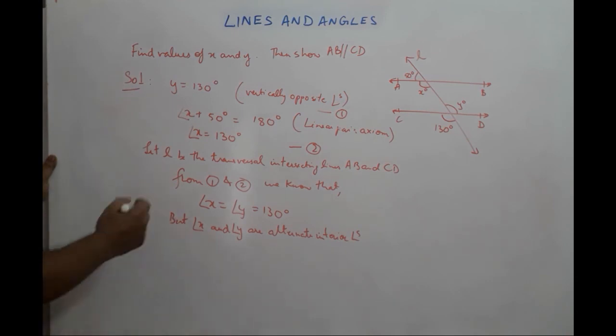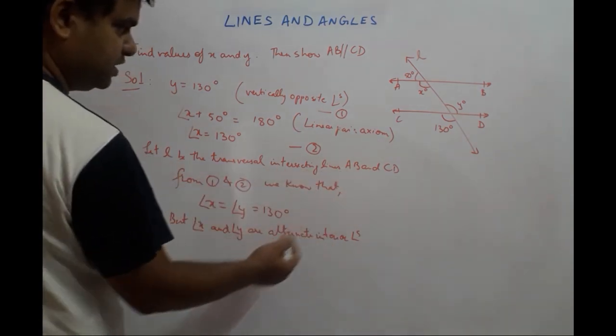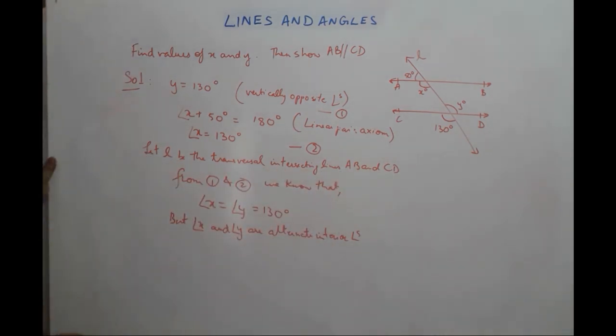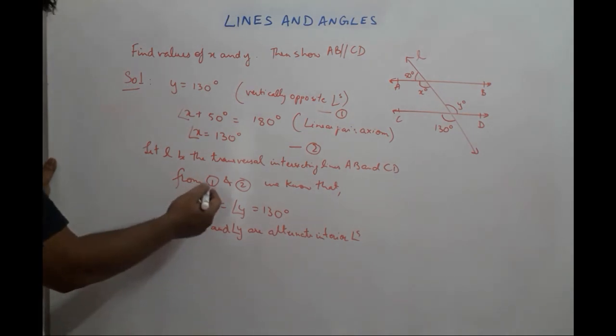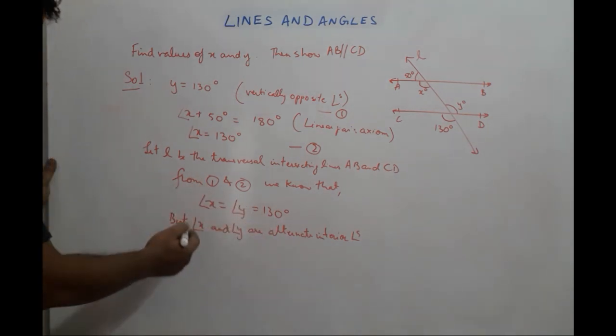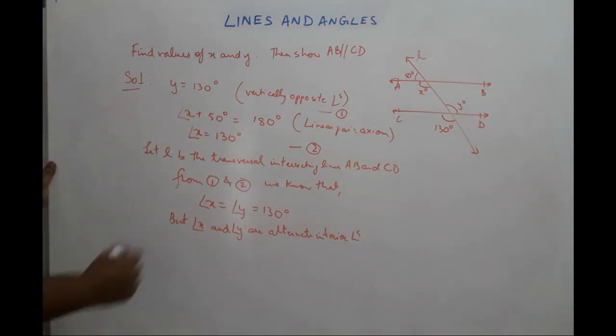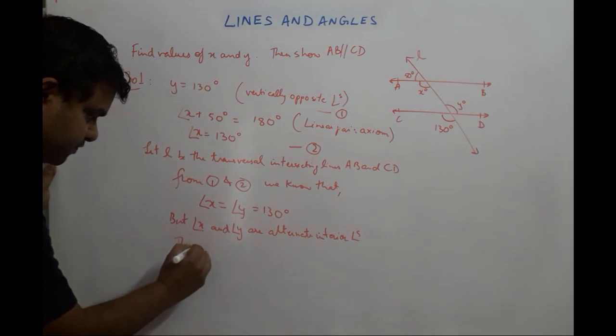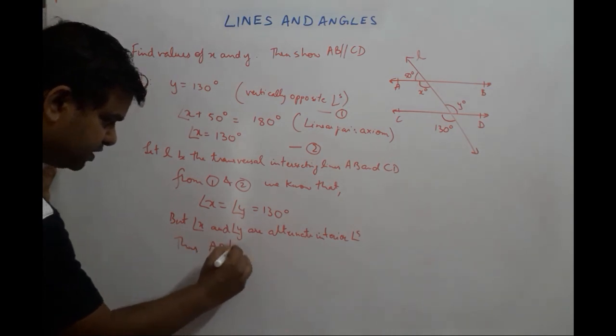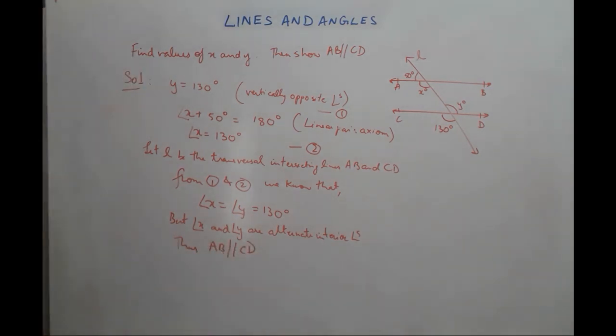So L is the transversal intersecting AB and CD, and from 1 and 2, x and y are alternate interior angles. Thus AB is parallel to CD. Got it?